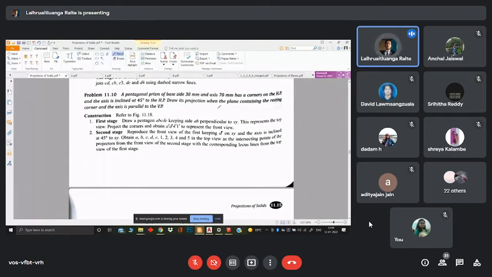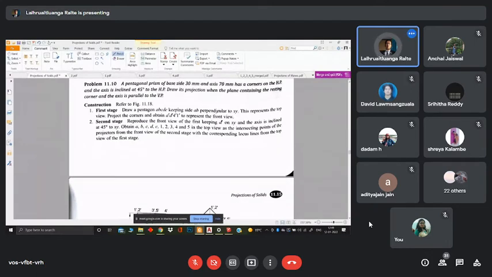As it is a corner, we have a pentagonal prism. All right, now let's go.